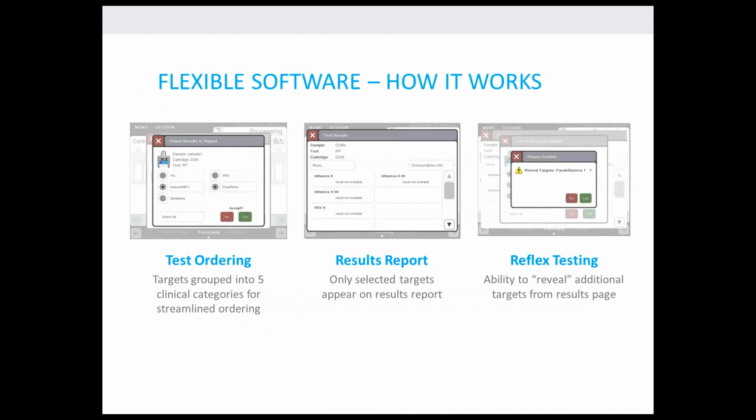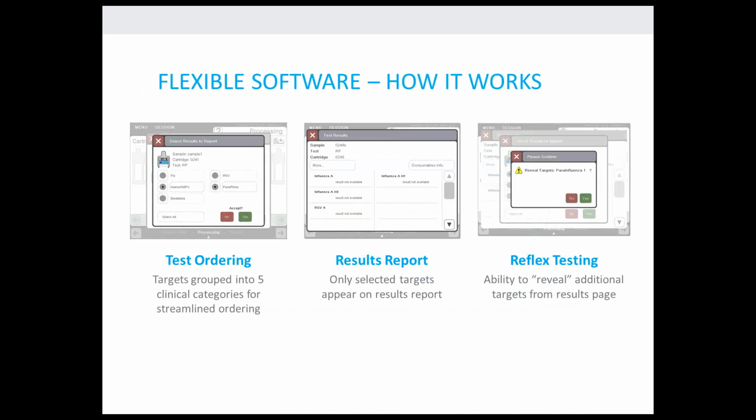The middle one shows an actual picture of what the screen looks like on a results report, and if those were not the chosen targets to report, it's not going to show you the results.